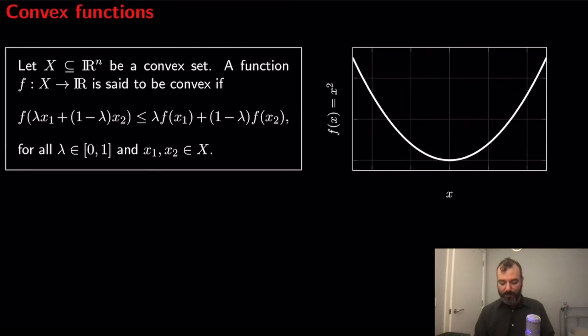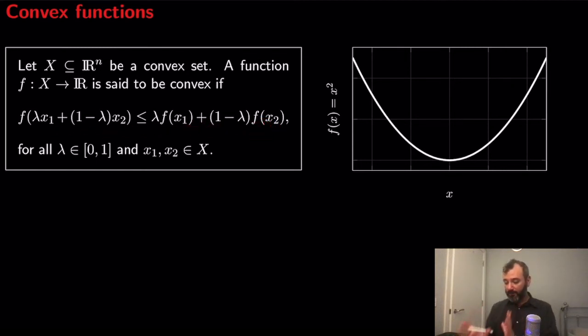Now, a function is said to be convex if the function at a point of the line segment that connects x1 and x2 is less than or equal to lambda times f of x1 plus 1 minus lambda times f of x2. Despite the lengthy definition, this is an extremely geometric definition.